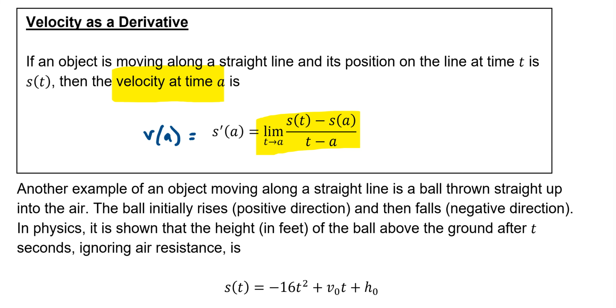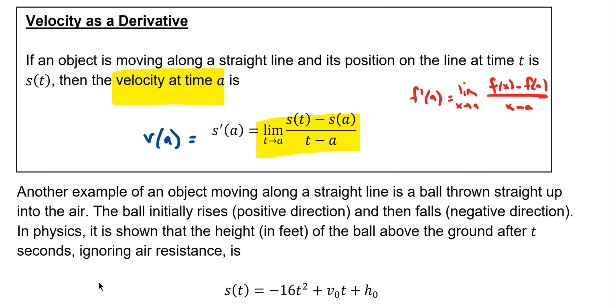So this is just the same exact thing as f prime of a equals the limit as x approaches a of f of x minus f of a over x minus a. We're just using a different variable t and a different function s instead of f of x.